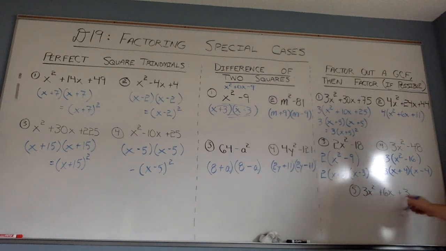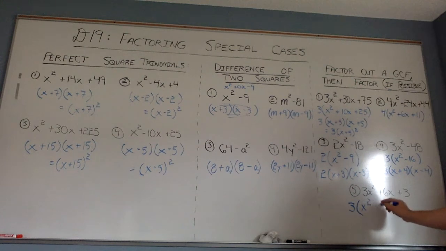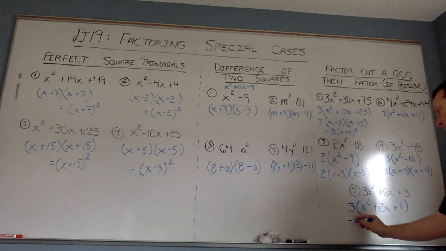3x squared plus 6x plus 3. Yes, 3, 6, 3 has a greatest common factor of 3. What's left is a 1x squared plus 6 divided by 3, which is 2x, and 3 divided by 3 is 1.